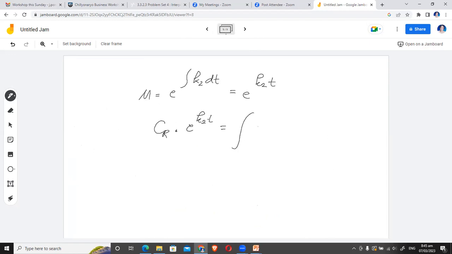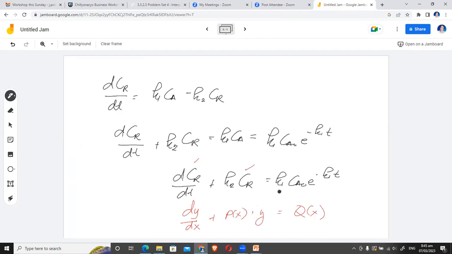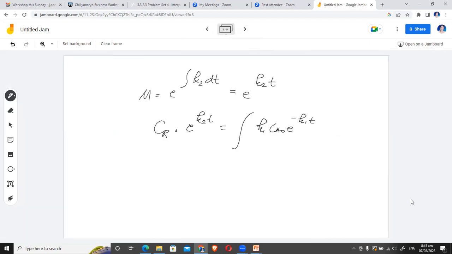That's k sub 1 CAO e raised to negative k sub 1 t, and you multiply it with the integrating factor e raised to k sub 2 t dt.